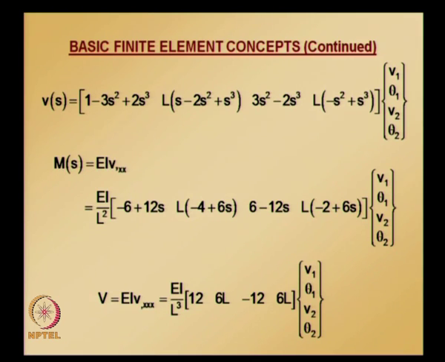Thus the two node element that we just derived gives the exact solution when it is used to analyze prismatic beams, that is, where EI is constant, subjected to concentrated loads, and the exact solution for beams subjected to uniformly distributed loads can be obtained by using what is called the superposition technique, which we will see in a while.